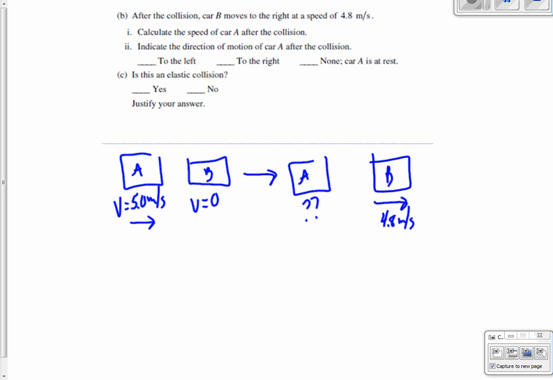So this would be 250 times 5, which has to equal, over here, 200 times 4.8, which is 960.